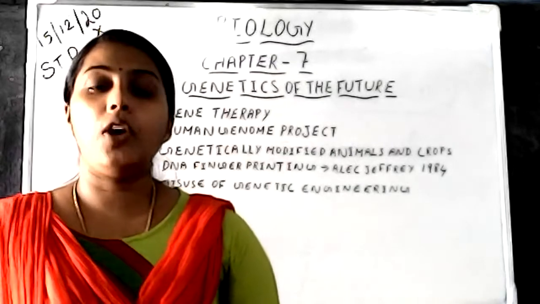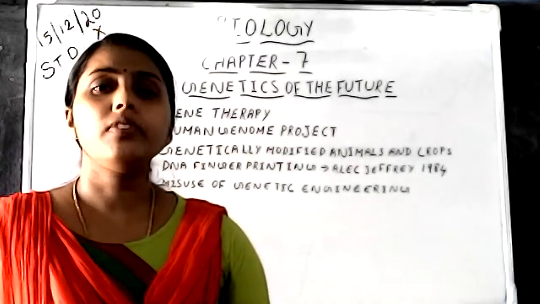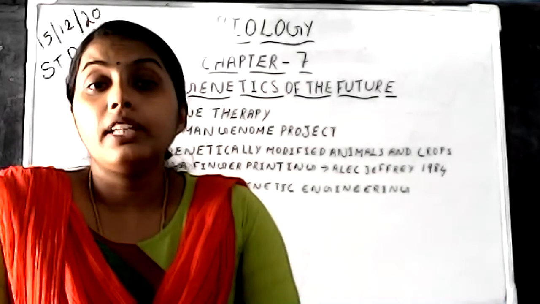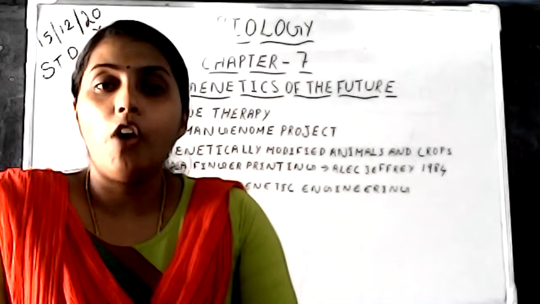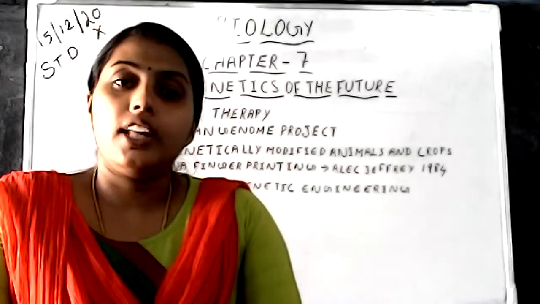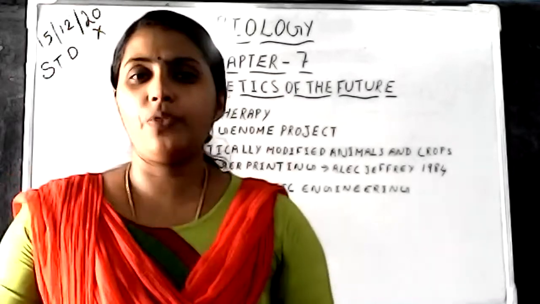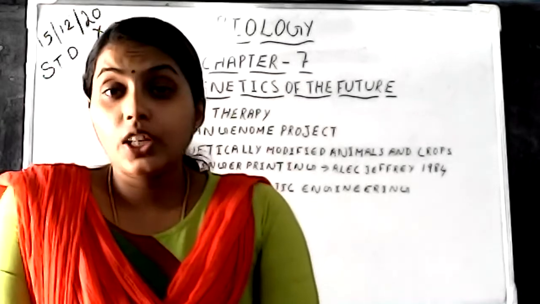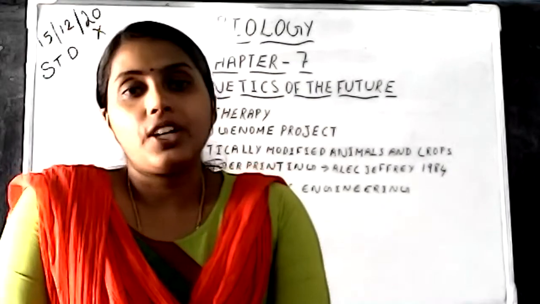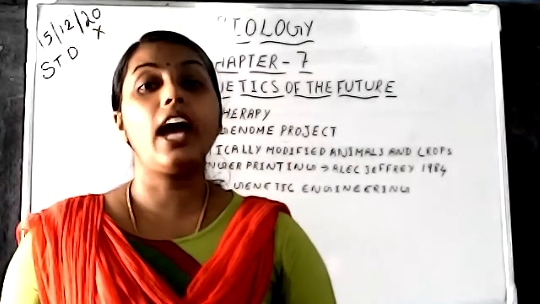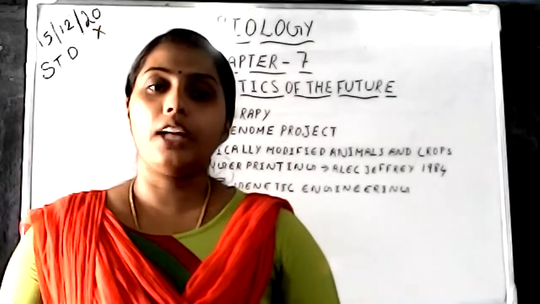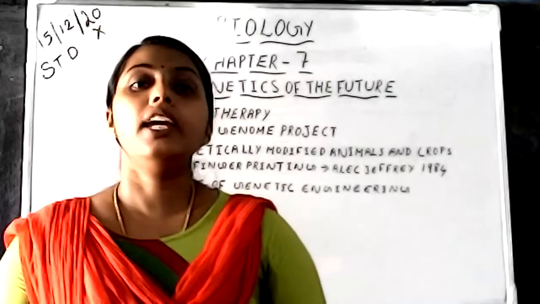How can we produce these modified animals and crops? They are produced with the help of genetic engineering. We can remove a gene that is not useful for that organism, and instead place a normally functioning gene, or a high-yield, high-productivity gene, so that the productivity of that plant or animal can be increased.